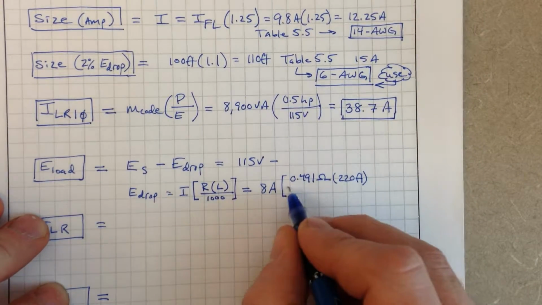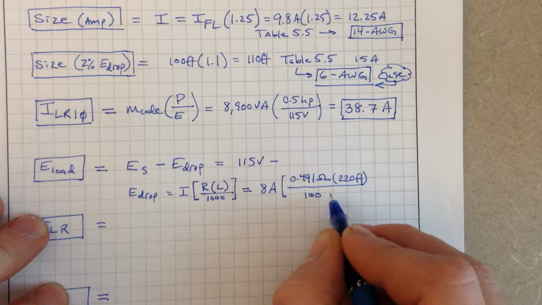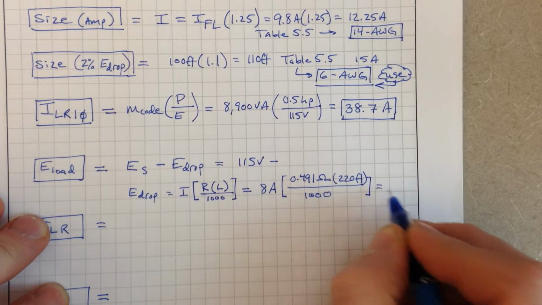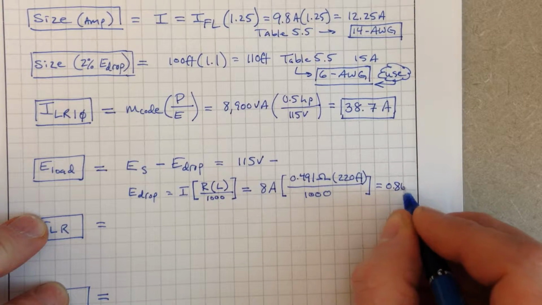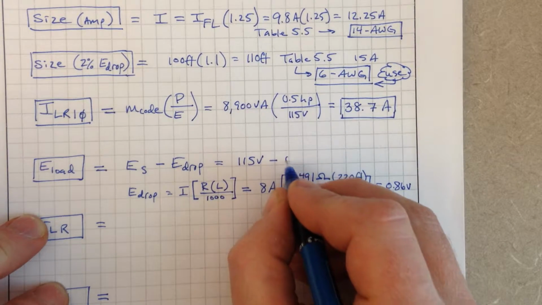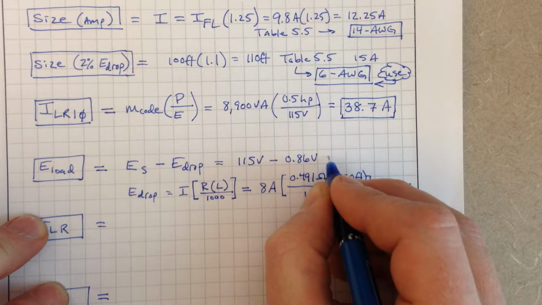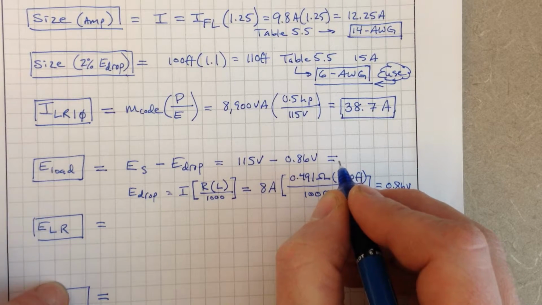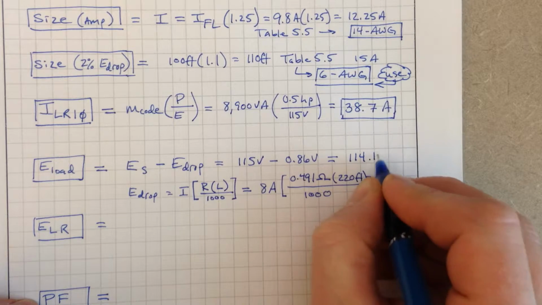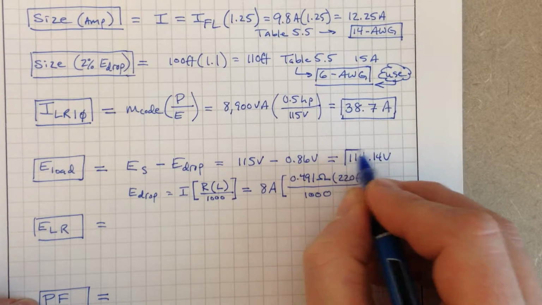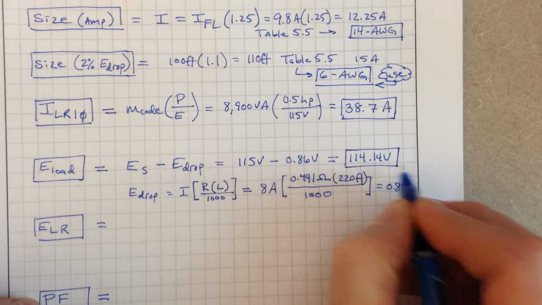So I divide that by 1,000. That's going to end up being my 0.86 volts. So that goes up here. So I'm doing pretty good. I have 114.14 volts at the motor.